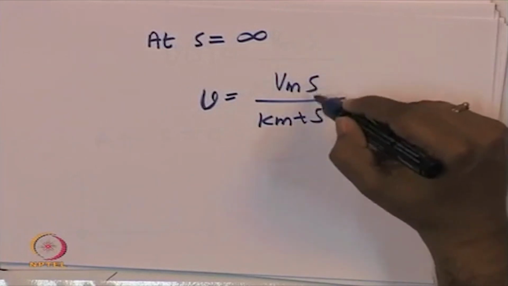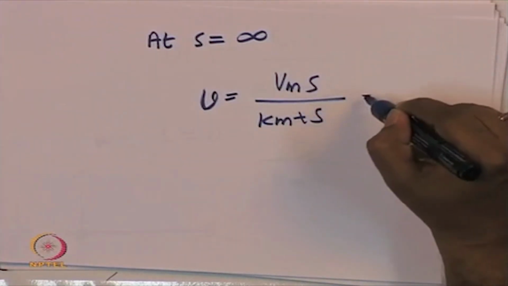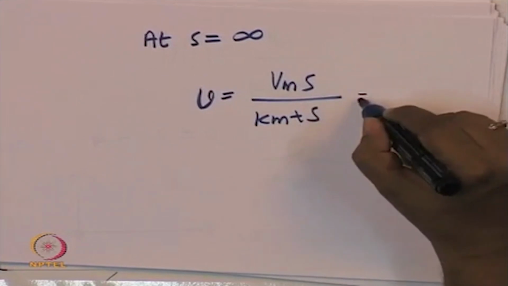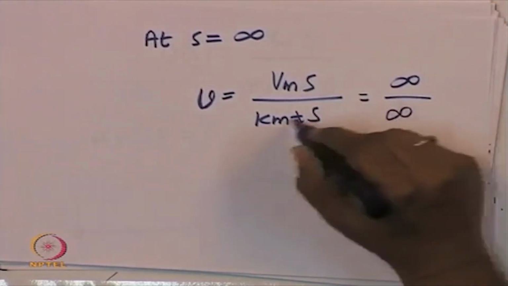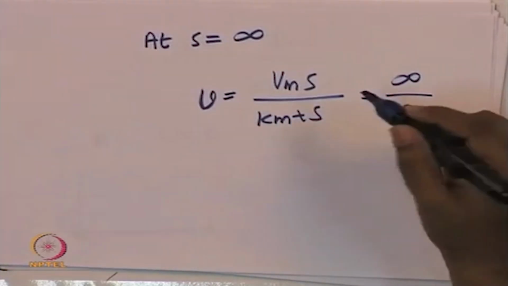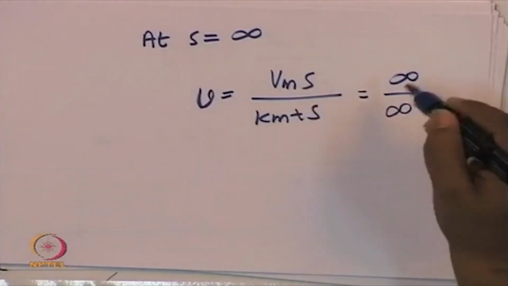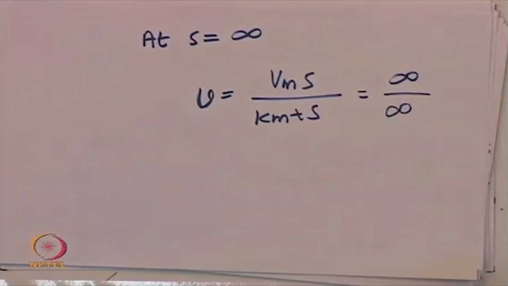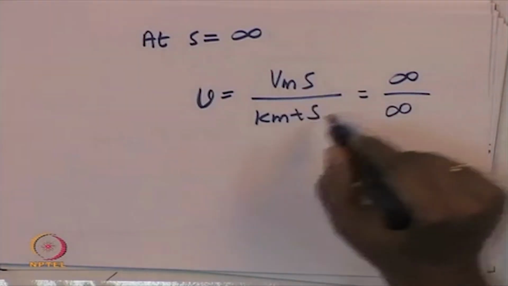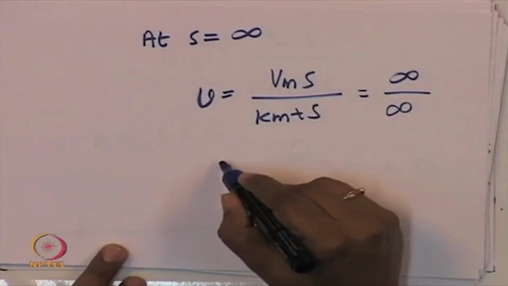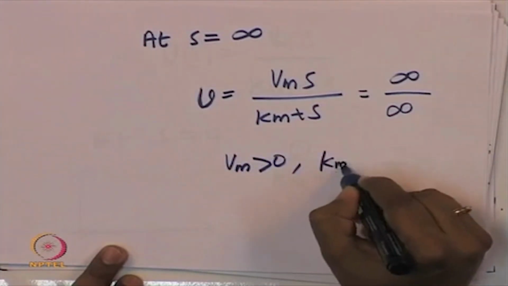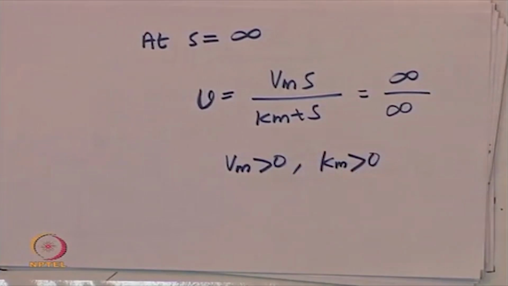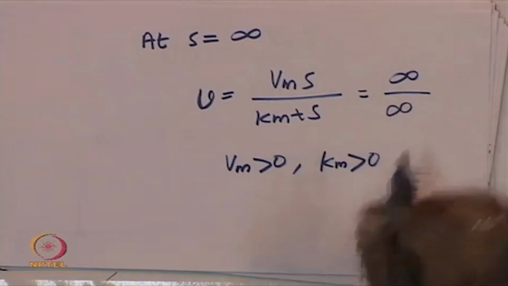If you just substitute s equal to infinity, this will be infinity by infinity, because the numerator is infinity, and in the denominator infinity plus Km is also infinity. Another important point is that Vm and Km are positive constants for the moment, both greater than 0. So, we have infinity by infinity.